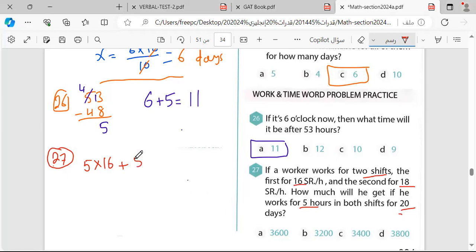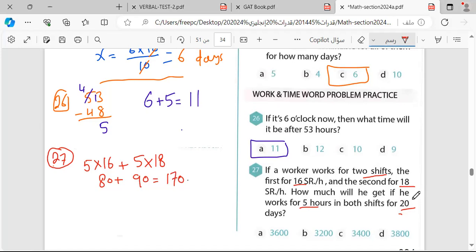So 5 hours for the second shift. We find the total now. 5 times 16 is 80, plus 5 times 18 is 90, and we get in 1 day 170 riyals in 1 day, right?